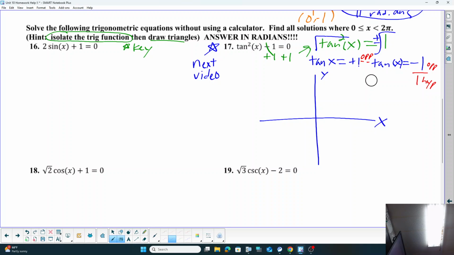Did you notice that? Extra credit. So that's going to be 1 over 1, opposite over adjacent. Any whole number can be written over the number 1.